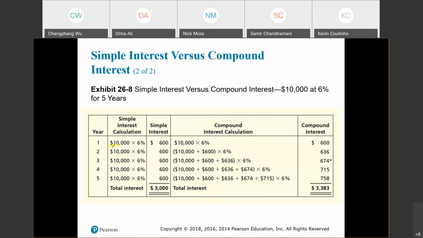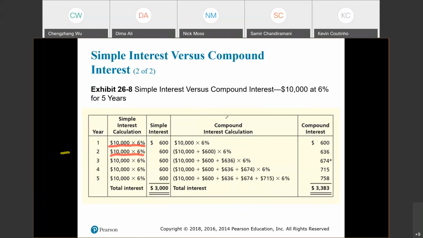And in the second year, the calculation is exactly the same as the first year. Same in the third year, same in the fourth year, and same in the last year. This is simple interest calculation.